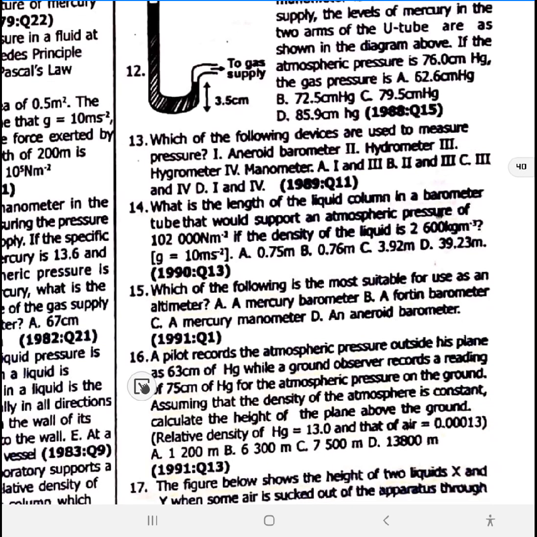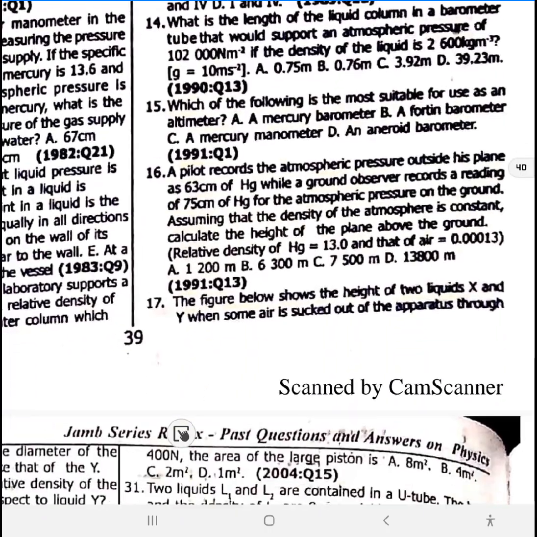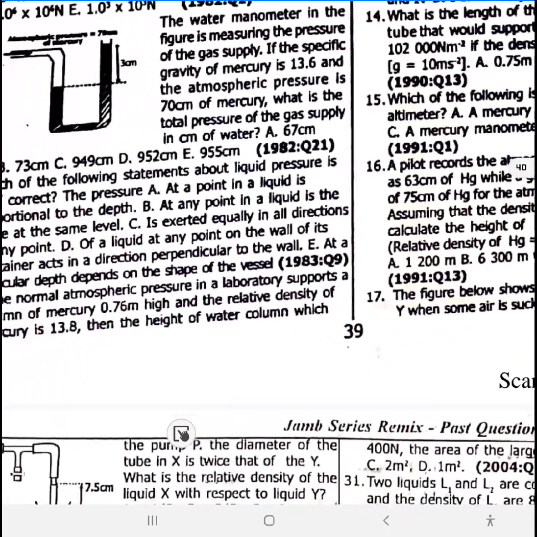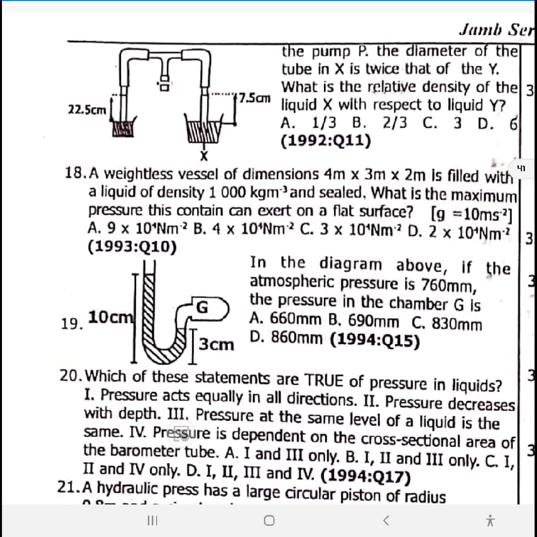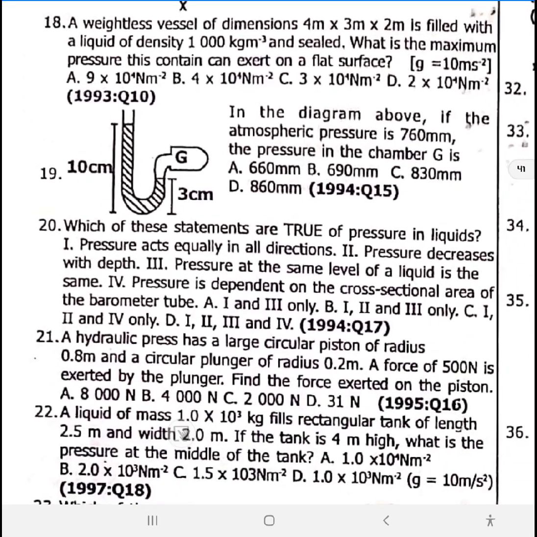14. 15. Which of the following is the most suitable for use as an altimeter? 15 is option D, aneroid barometer. 16, 17. Okay. Has to do with a bit of calculation. 18, 19, 20.